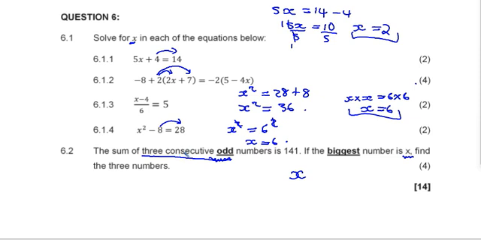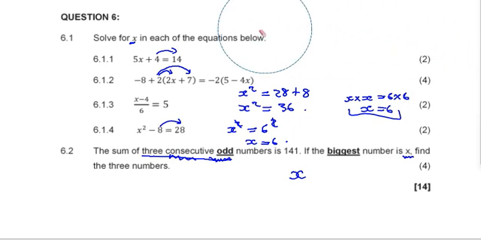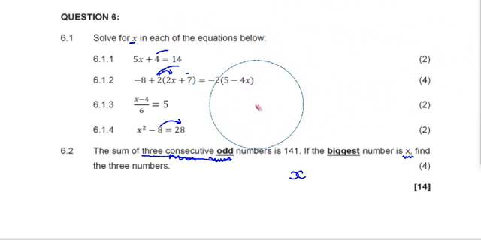Remember, there are 3 consecutive, that is, they follow each other, but it's odd numbers, right? I hope you do remember what odd numbers are. When we talk about odd numbers, we're talking about those integers which cannot be divided by 2.